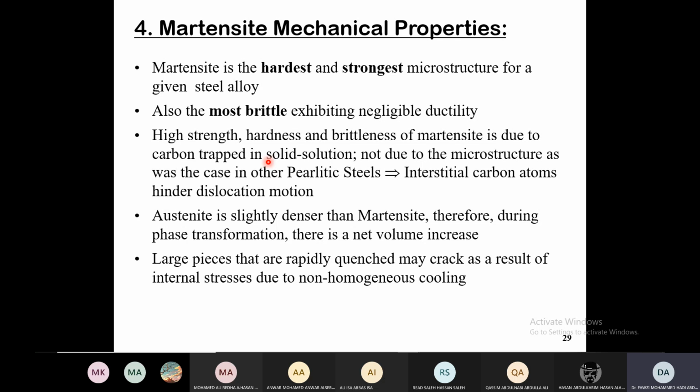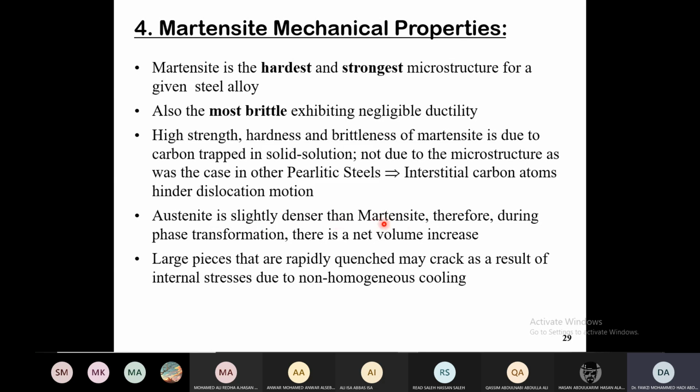It produces solid solution strengthening, and it is not due to the microstructure, as was the case in the pearlitic structure, bainitic structure, or spheroidite that we talked about.